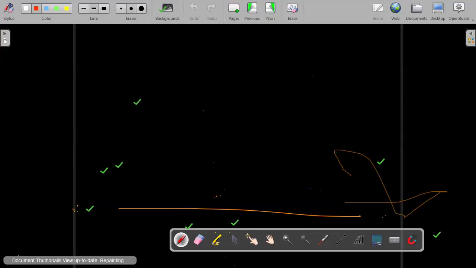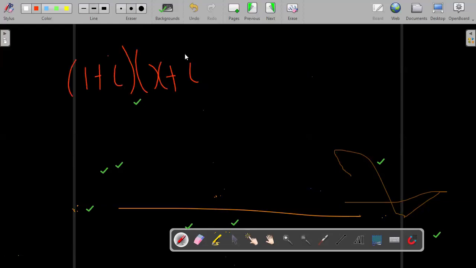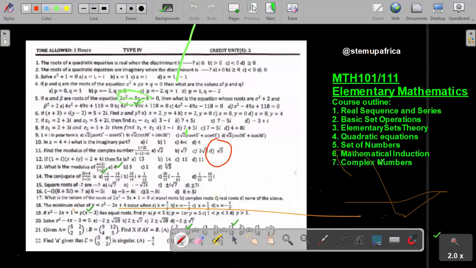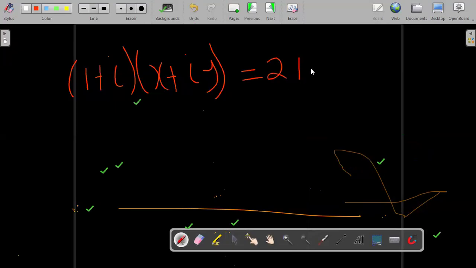They gave us (1 plus i)(x plus iy) is equal to 2 plus 4i. We are asked to find 5x.